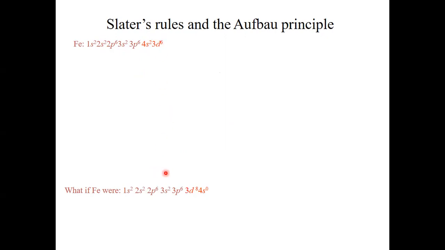Or another possibility is that the electron configuration is 1s2, 2s2, 2p6, 3s2, 3p6, 3d8, 4s0. In this case, the 3d subshell would be filled before the 4s subshell. So can the Slater rules decide what the electron configuration in the ground state is?